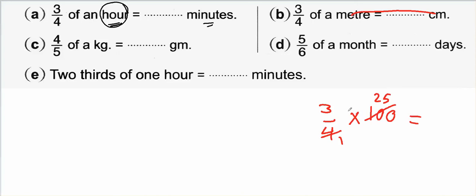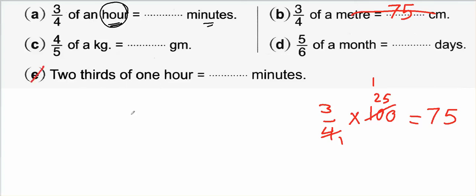We multiply 3 times 25 equals 75. Yes, 3 over 4 meter equals 75 centimeters.